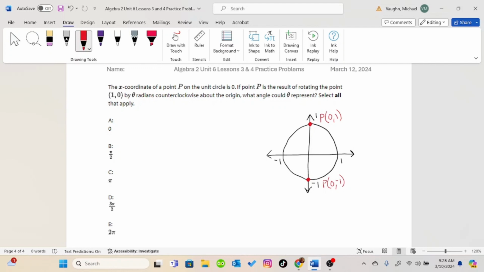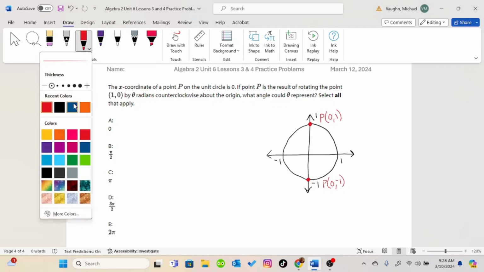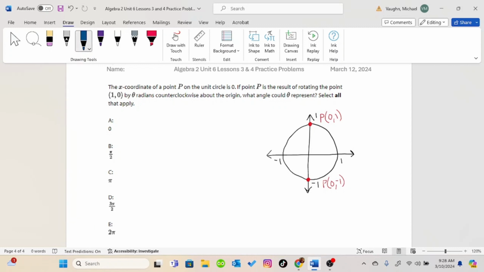And they're saying this is a result of rotating (1, 0), which would be this point on the right, counterclockwise.